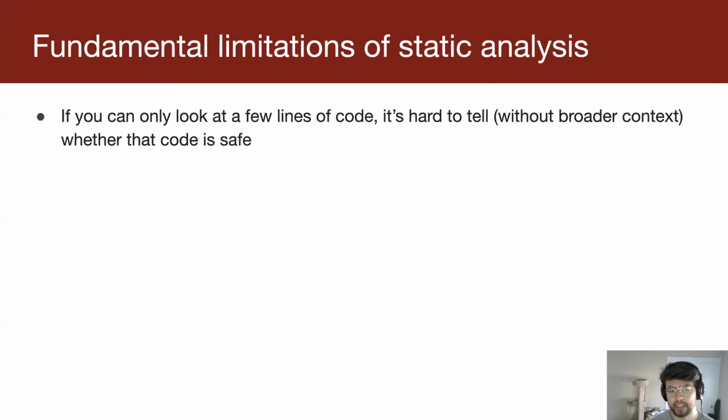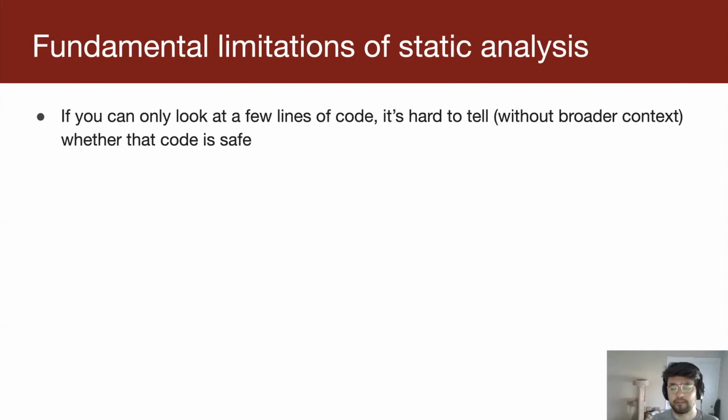Because if you can only look at a few lines of code, you can't really tell without broader context whether that code is safe. It's like, okay, we got a char star back from this function. I don't know for sure what this other function did. I don't know if this char star is null or not. I don't know if it points to a string that is null terminated or not. I have a char star. I can't really tell what's inside of it without knowing what that function did.